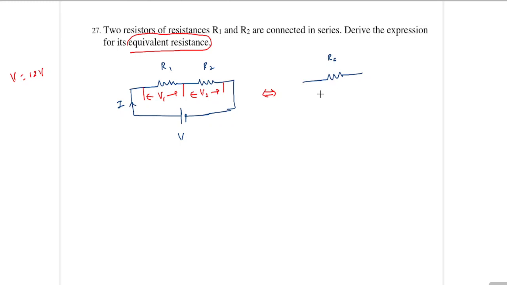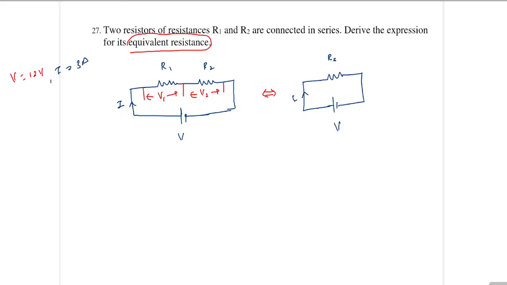So R suffix S here is the equivalent resistance, which means that this resistor will also draw the same current for the same voltage drop. In the previous case, if the voltage supplied by the battery is 12 volt, or EMF is 12 volt, and the current that came out of it is 3 ampere, in this case also for the same battery the same current would come out.